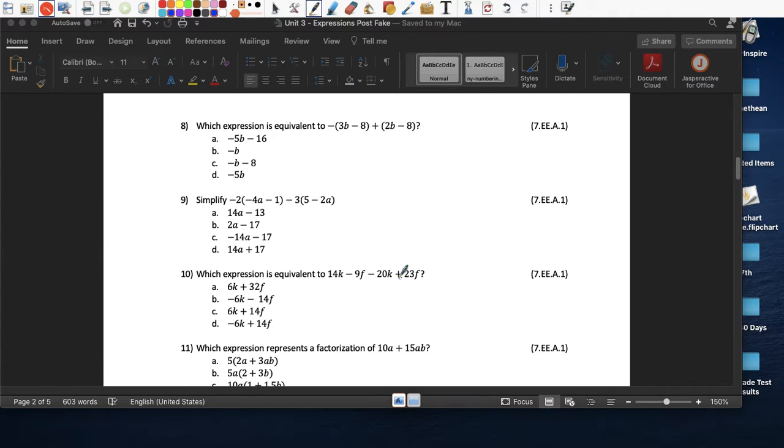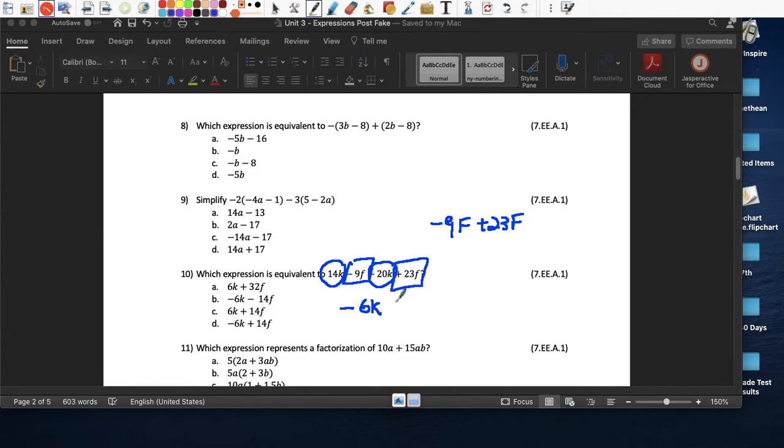Which expression is equivalent? So again, you can see that this one is just combined like terms. So let me circle this guy and this guy. 14k minus 20k. Well, you can use your calculator. It's going to be -6k. And then -9f and +23. So -9f plus 23f.